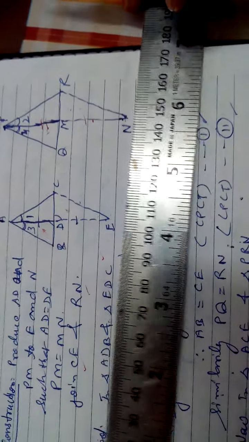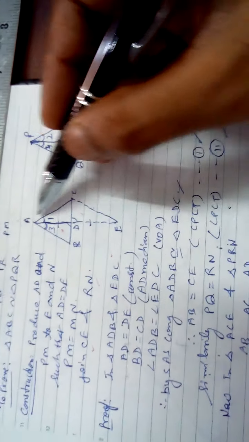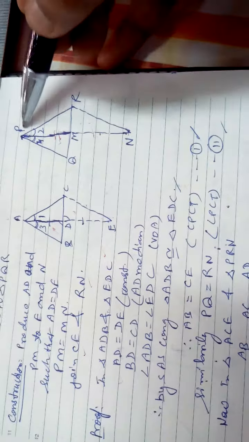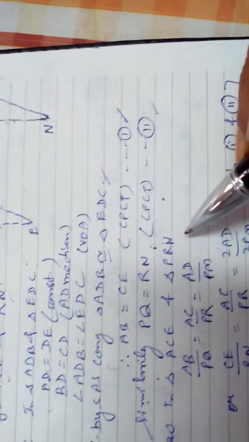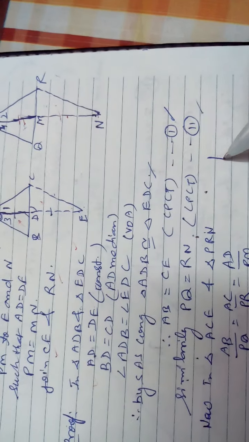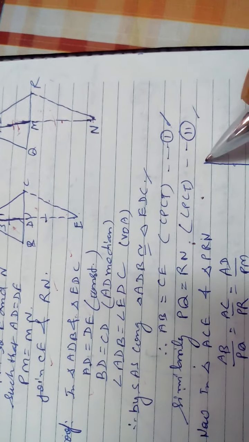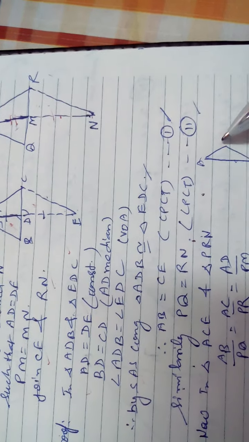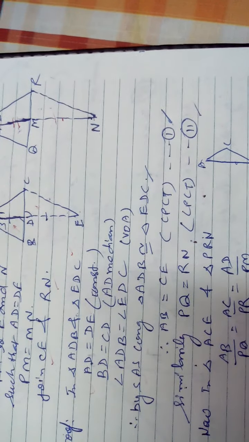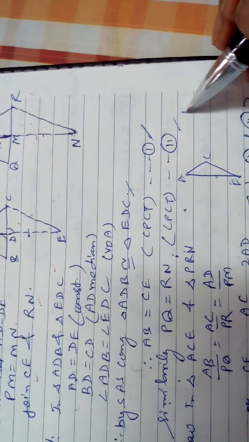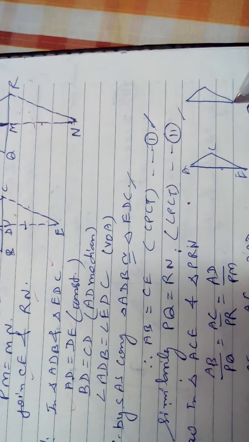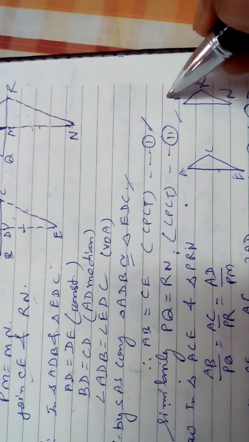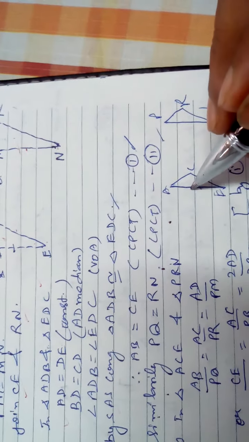Now you will see in the triangles, this big one, ACE and PRN. In triangle ACE and PRN, what is given, that you write.